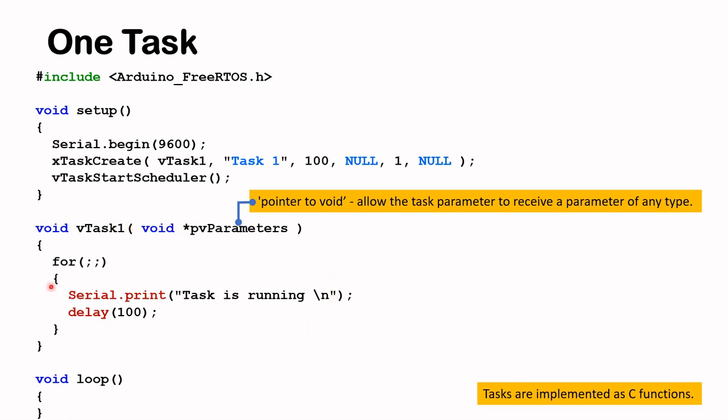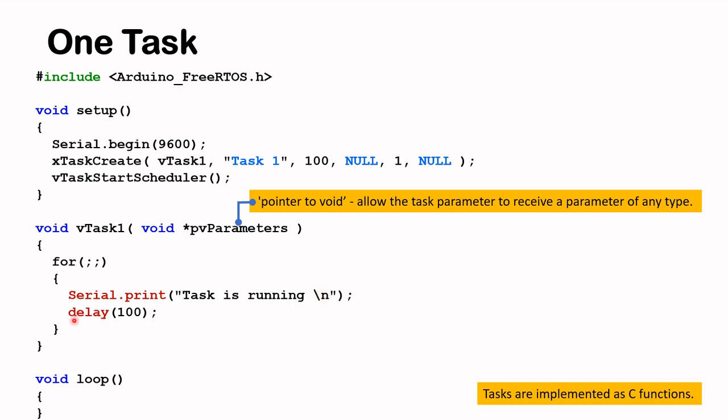Now, the purpose of the task is to use Serial.print. Hence, in the void setup, we have Serial.begin with a baud rate of 9600. And so here in the task, we say Serial.println "Task is running", with the new line.